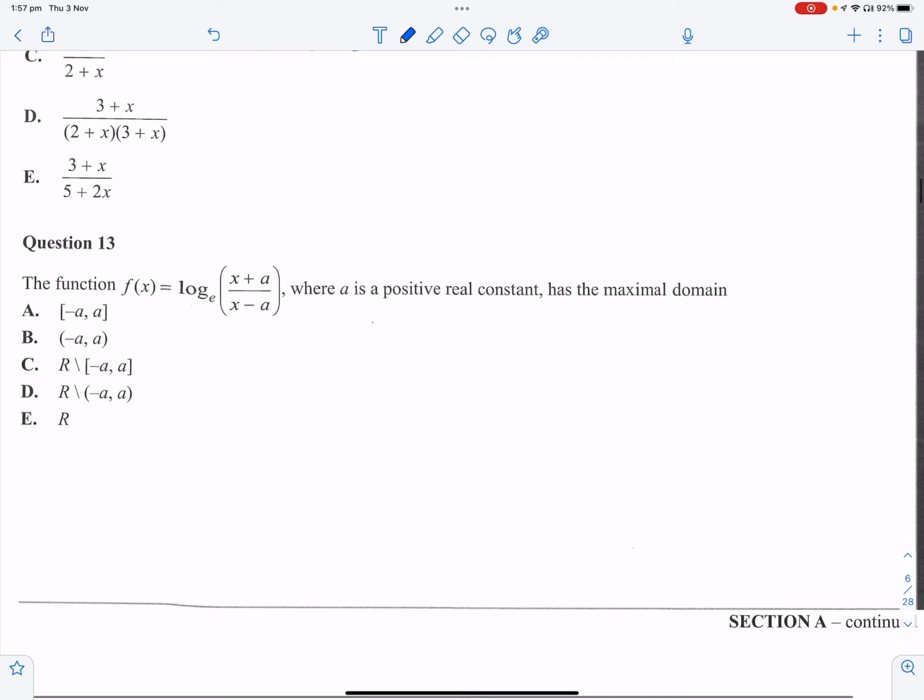This has a maximal domain. x plus a over x minus a has to be greater than 0.